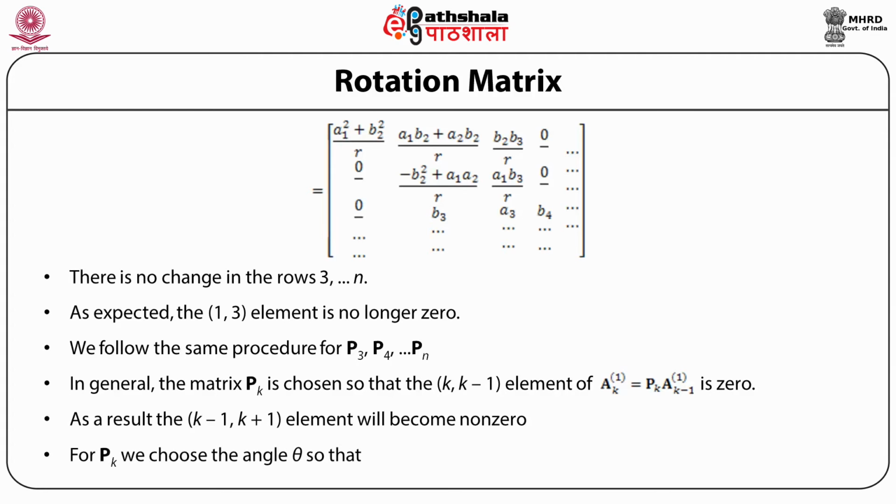For Pk, we choose the angle theta so that sin theta k equals bk divided by root of bk square plus a(k minus 1) square, equals bk by r. Cos theta k equals a(k minus 1) divided by root of bk square plus a(k minus 1) square, equals a(k minus 1) by r, where r equals root of bk square plus a(k minus 1) square.